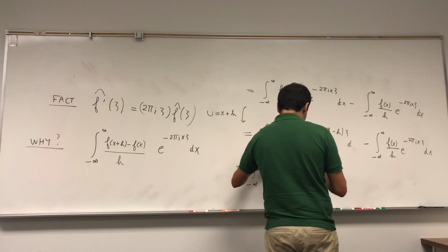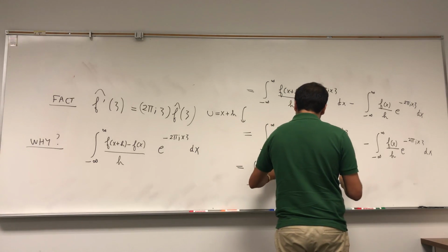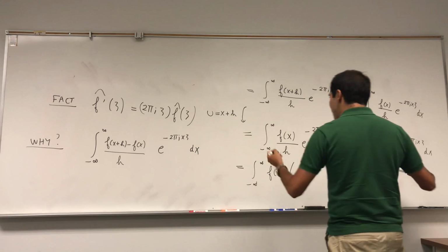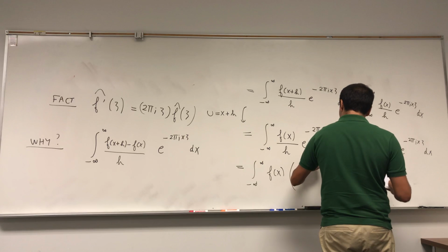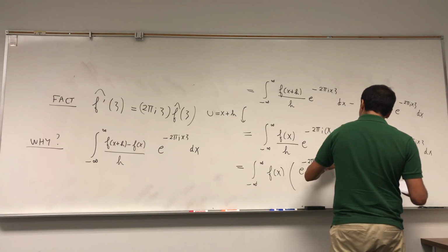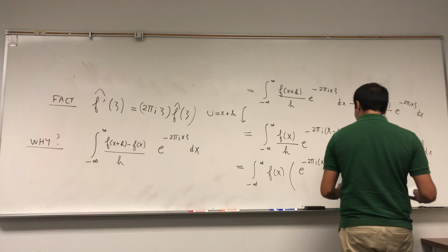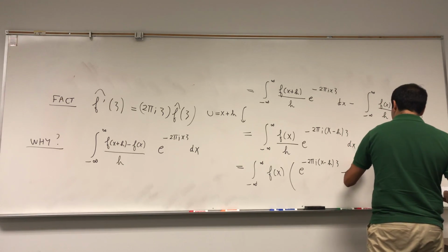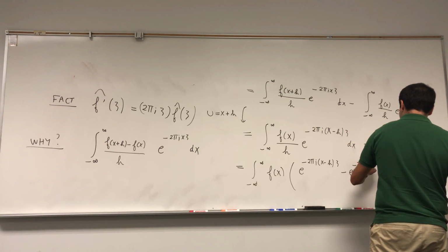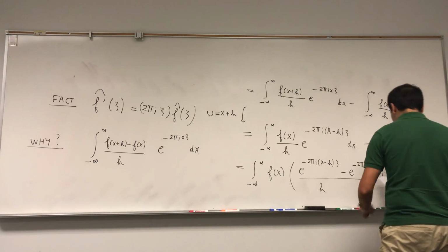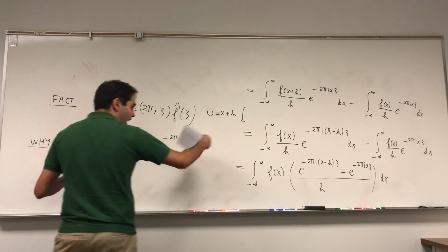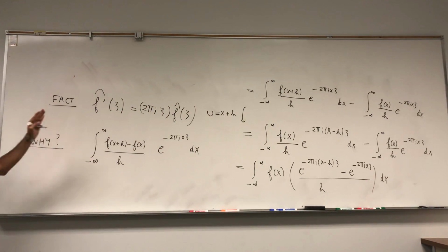So it's the integral from minus infinity to infinity of f of x, and let's put all the bad derivatives on the e term: e to the minus 2 pi i (x minus h) xi dx minus e to the minus 2 pi i x xi, all over h, dx. Again, totally fine algebraic expressions because we assume h was finite.